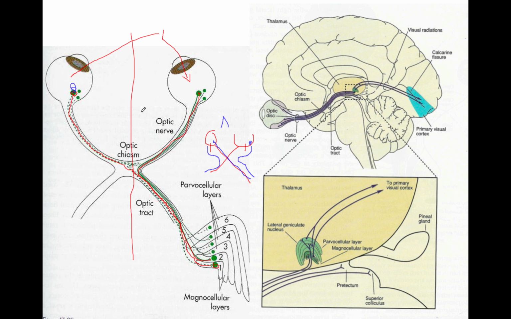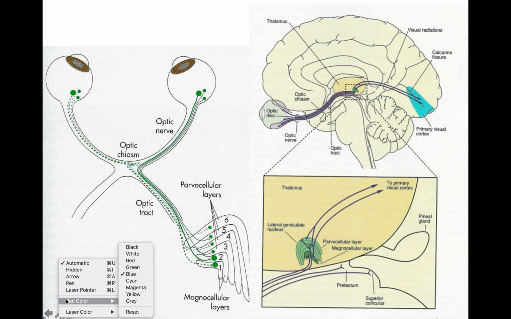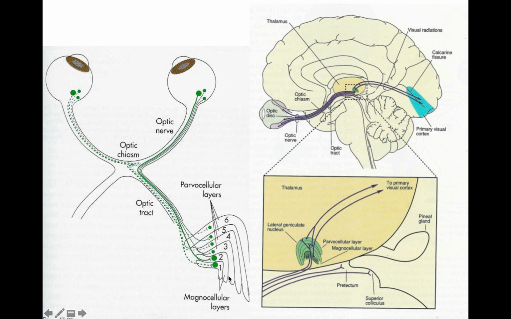So this image has a lot going on, so let's clear it real quick and take a look at it. What I drew for you guys is, the first thing I was telling you about was that we have this magnocellular input from here that feeds into layer 2, and magnocellular input over here that feeds into layer 1.